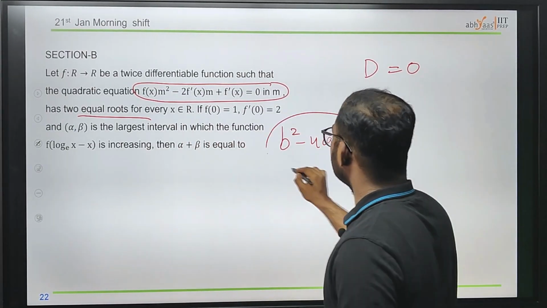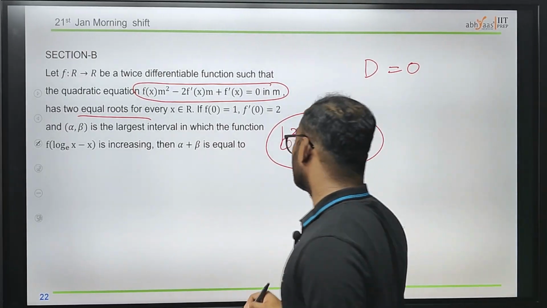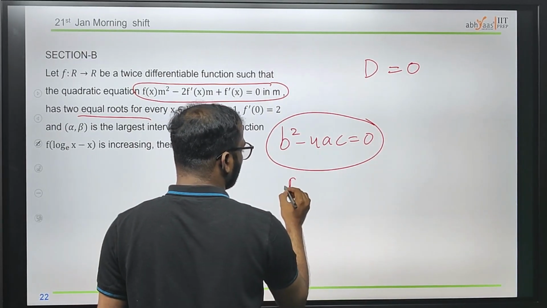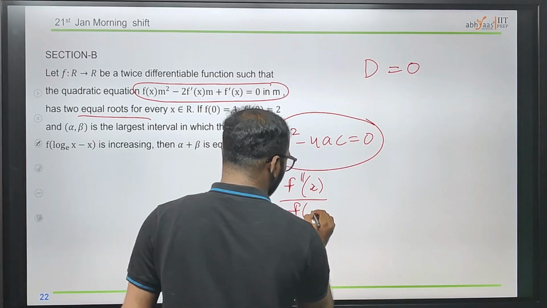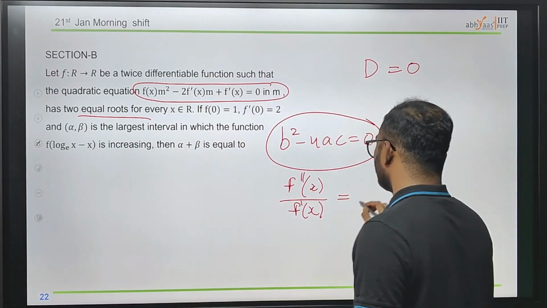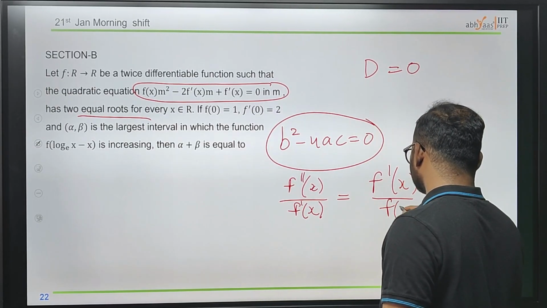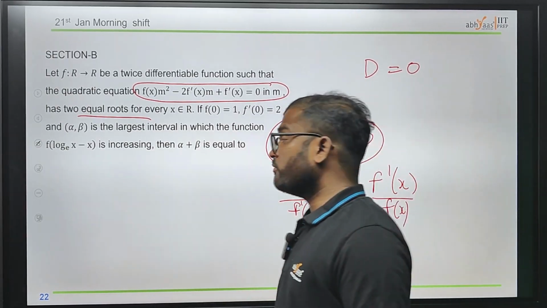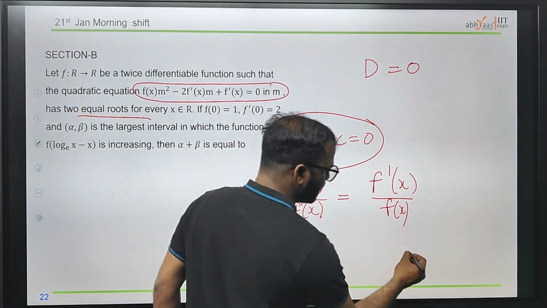Just substitute whatever b and 4ac values we have in this, and after some simplification we may get f double dash of x by f dash of x equal to f dash of x divided by f of x. After doing that we have to integrate this one. After integrating this one we will get c.